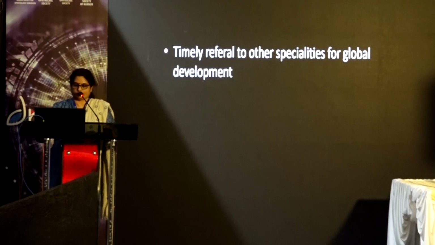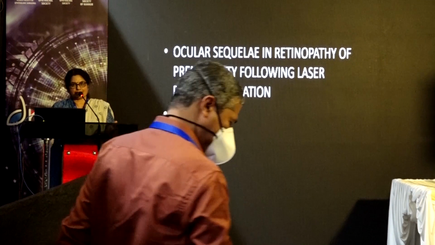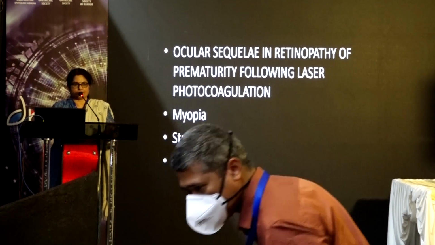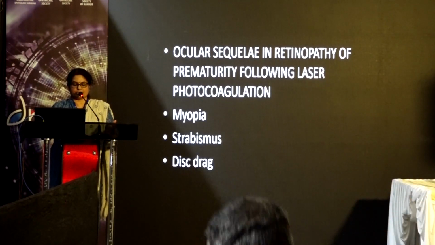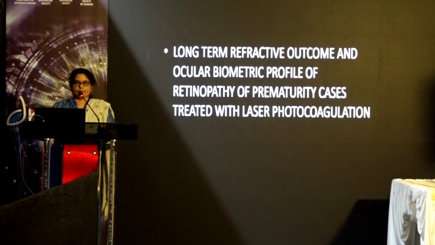That is also important. Then we had done 2 studies, one to assess the ocular sequelae in retinopathy of prematurity following laser photocoagulation. Just like the literature, it was mainly refractive errors, and second came strabismus, but it was mainly myopia and high myopia in the case of aggressive ROP. Based on this, we did a study to compare these myopes with the full-term myopes.